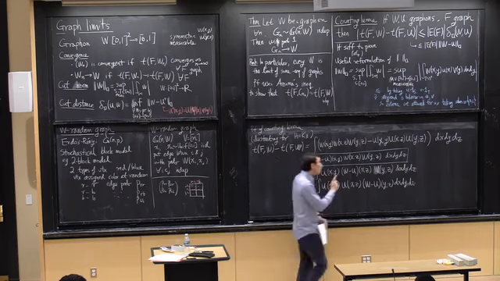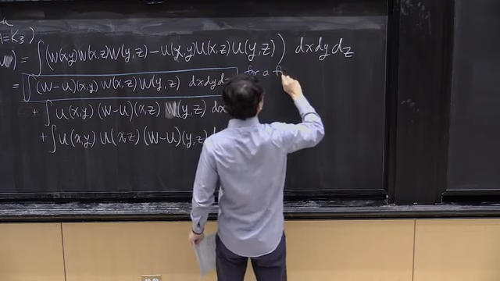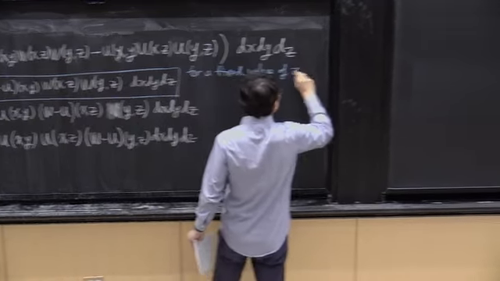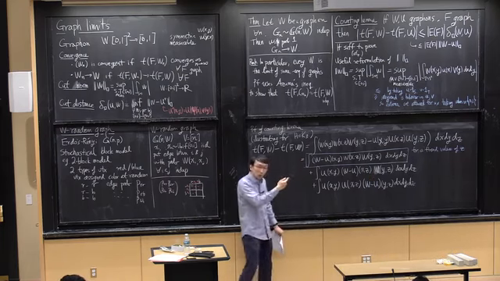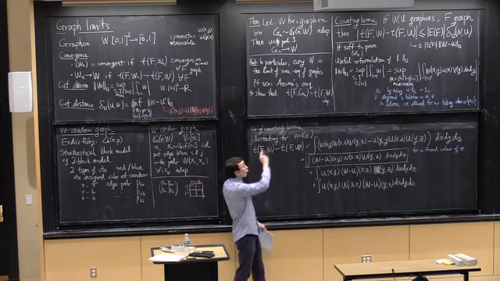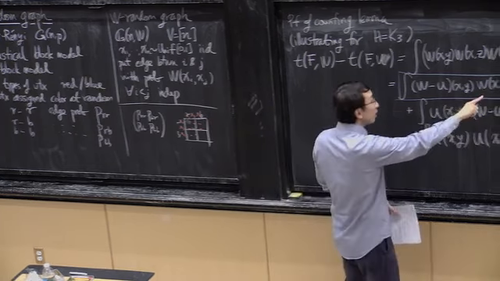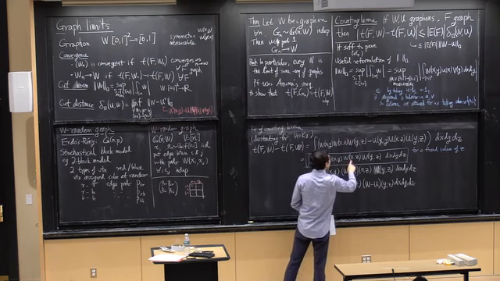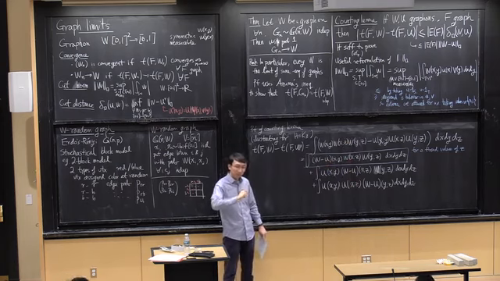I claim that for a fixed value of z, imagine fixing z and letting x and y vary in this integral. It has the form up there. If you fix z, then you have this U and V coming from these two factors, and they're both bounded between 0 and 1.